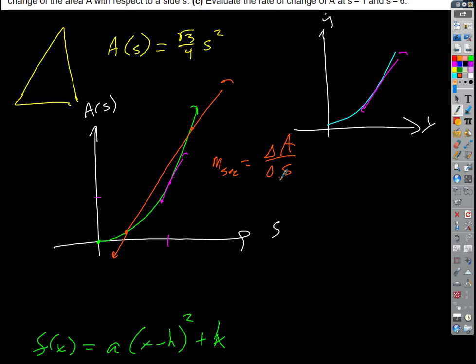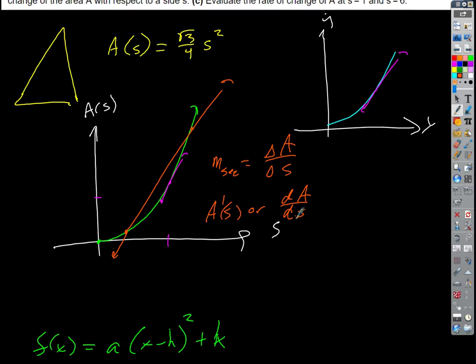Same way it was for us with f of x and x. It's going to work just as well with A of s and s, right? So then what is this going to become? Well, the slope of this line is still going to be the change in A over the change in s, but now we're going to write it as a derivative, right? So we could either write that as A prime of s or as dA/ds.